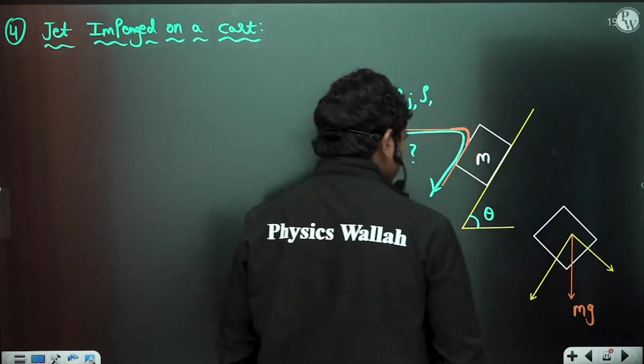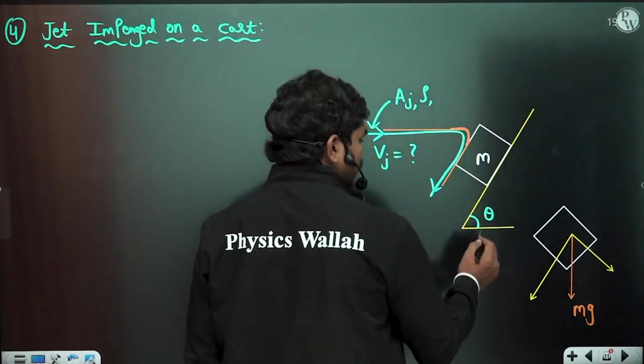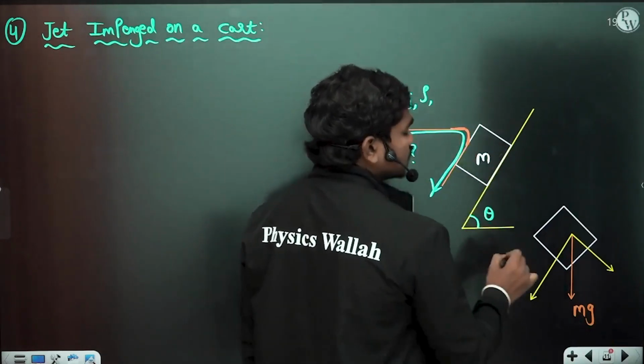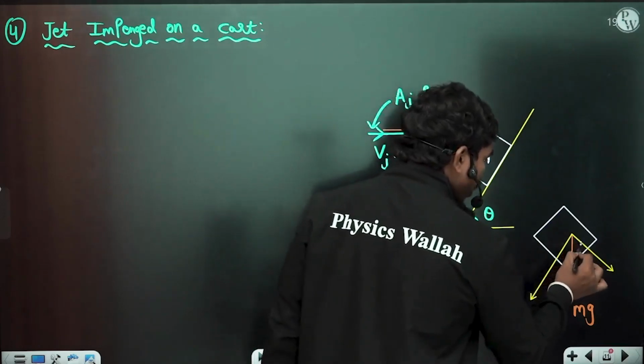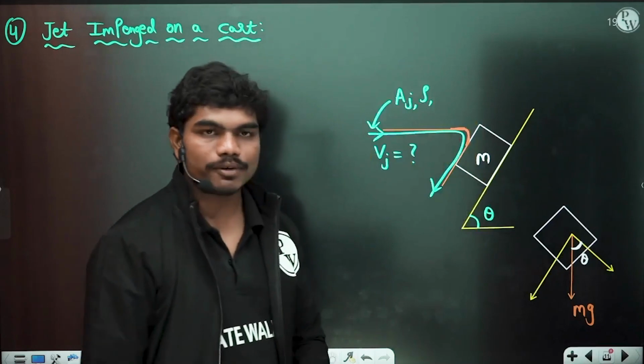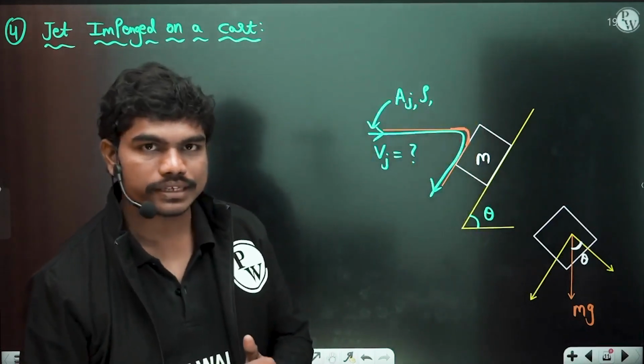Look, this angle is theta, the angle between the plane and the horizontal. The angle between the normal to the plane and the vertical will also be theta, correct? Because the angle between two lines is the same as the angle between their normals.